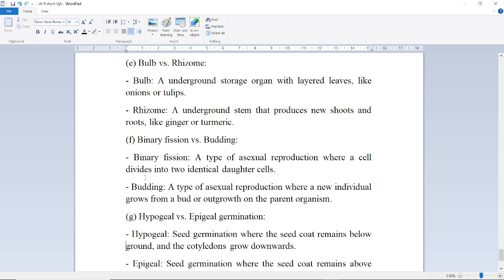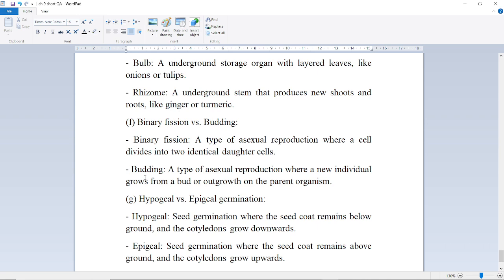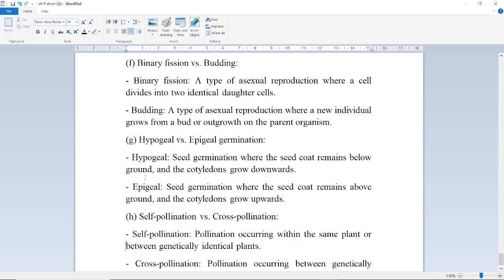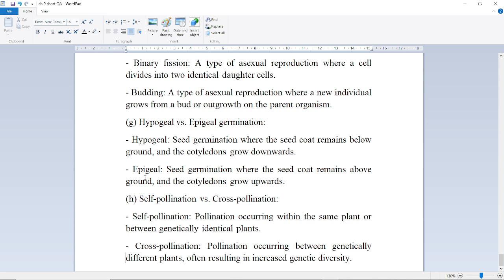Next is hypogeal versus epigeal germination. Hypogeal germination, seed germination where the seed coat remains below ground and the cotyledons stay below. Epigeal germination, seed germination where the seed coat remains above ground and the cotyledons grow upward.